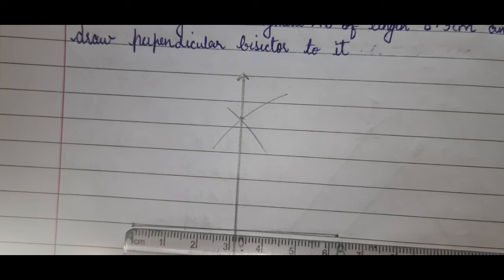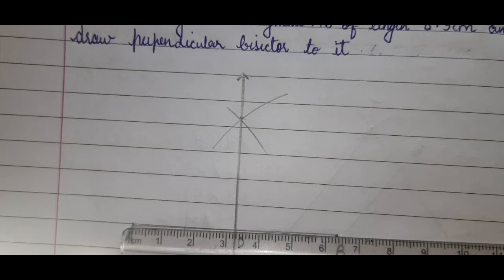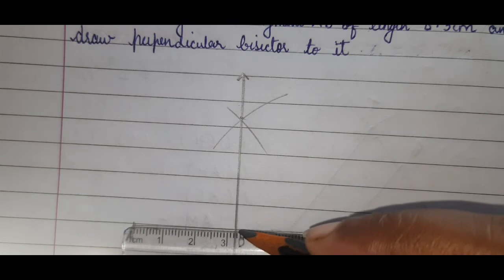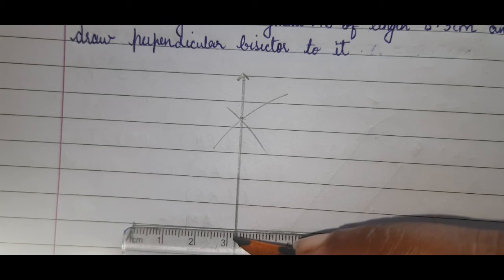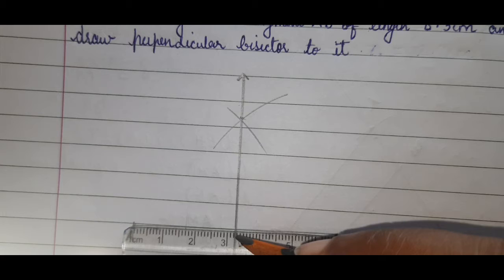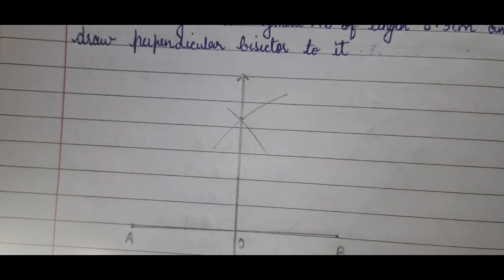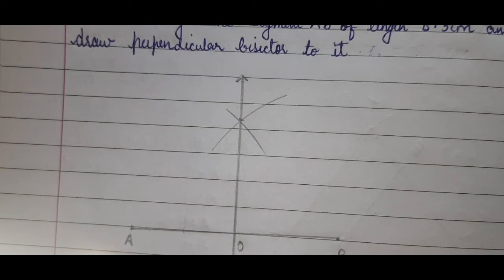So for that, you have to keep the scale and check out here at this point. It's between 3.2 and 3.3. Means our construction is correct. Okay. So this is the way we draw the perpendicular bisector to the given line segment.